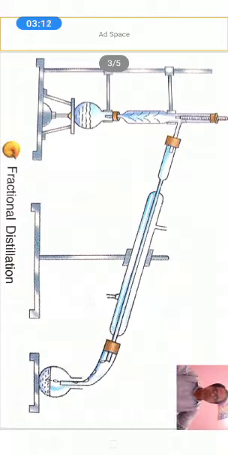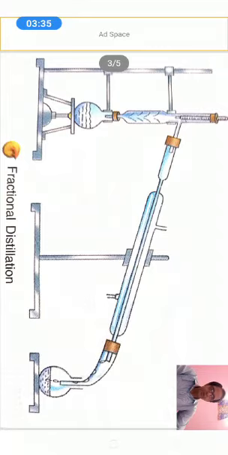Here I shall explain miscible liquids and immiscible liquids. Liquids which dissolve in each other completely are called miscible liquids. Example, alcohol is miscible with water. It is a homogeneous liquid-liquid mixture.